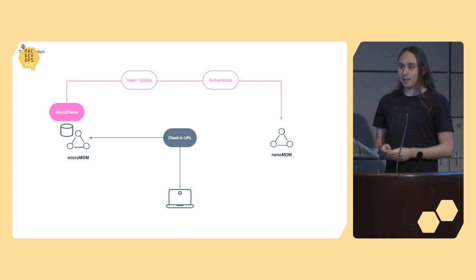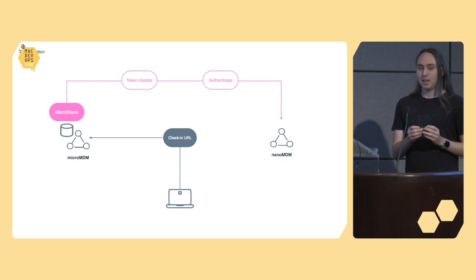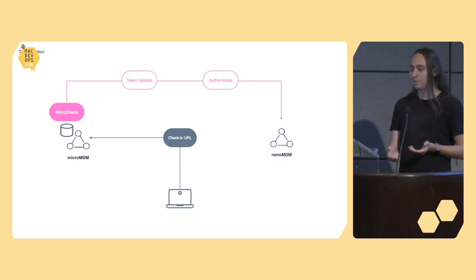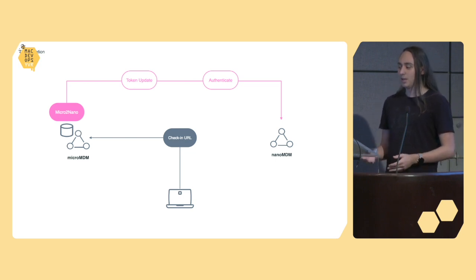How it worked was pretty clever: it just sent spoofed token update and authenticate messages, pretending to be a device, to NanoMDM from MicroMDM, which was a really simple way to implement it because NanoMDM knew what these messages meant and knew how to put them in its database.